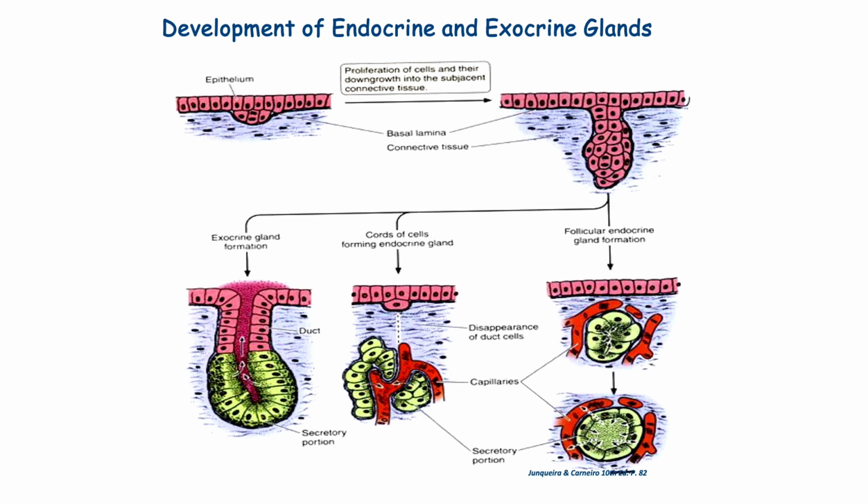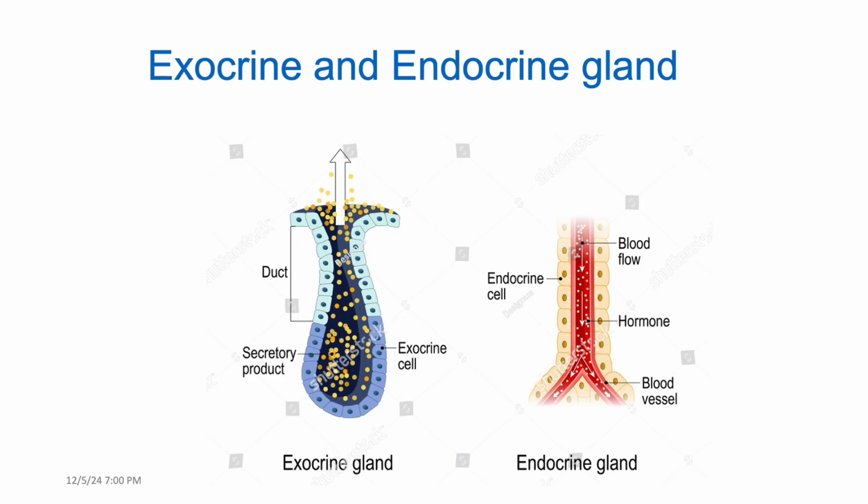And you can see that for the exocrine, the duct is still connected to the epithelium, whilst for the endocrine you have blood vessels which have surrounded it. Okay, so these blood vessels come up as a result of angiogenesis and vasculogenesis, right, to pick up whatever secretion the gland will produce. So you will see that for the endocrine, there's no connection to the epithelium. The connection has been severed. So note this basic description.